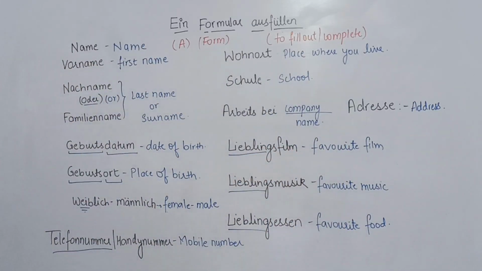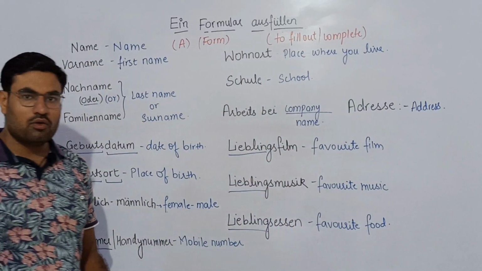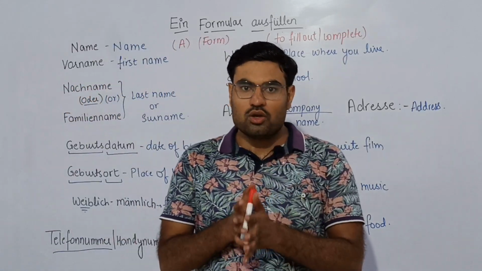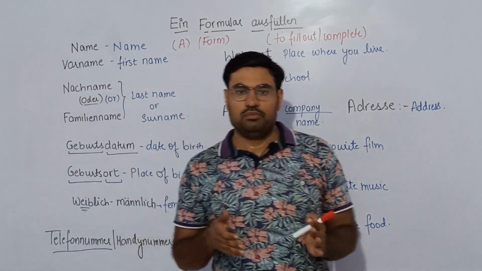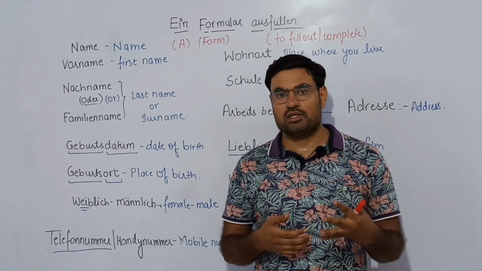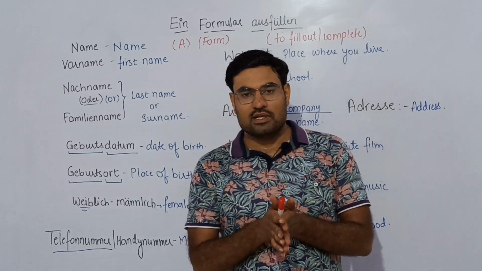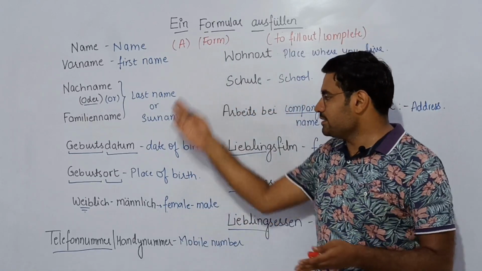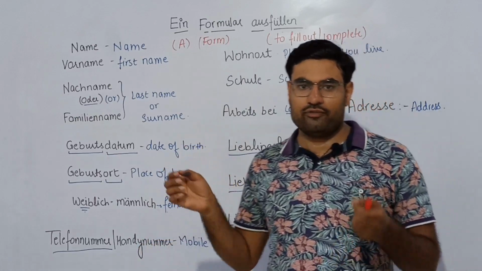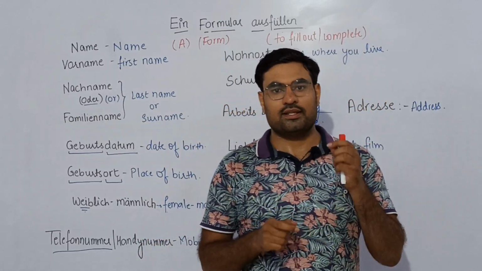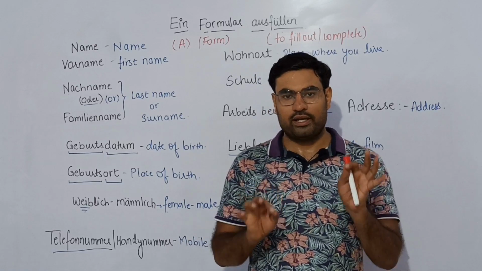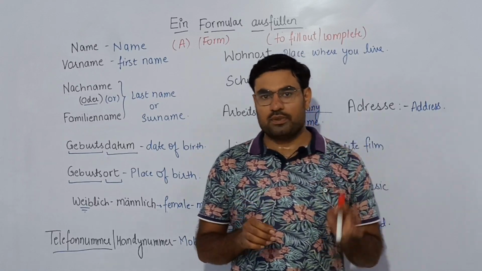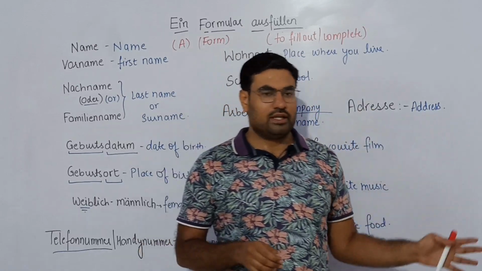What we have learned until now is, if we are given a form and we have to fill out information regarding ourselves, we should know these technical terms, these keywords. If these keywords are familiar to us, there will be no problem in filling out this form.